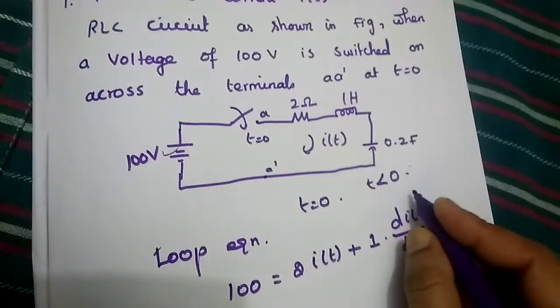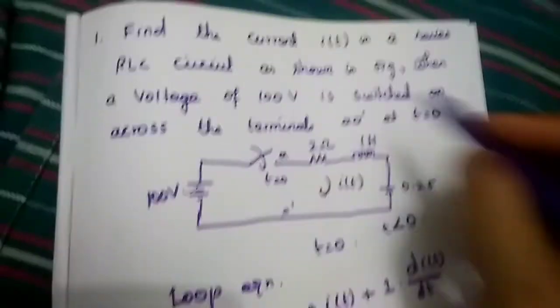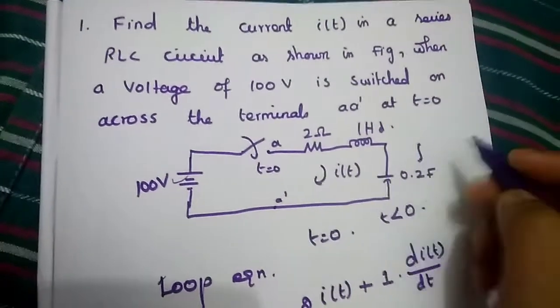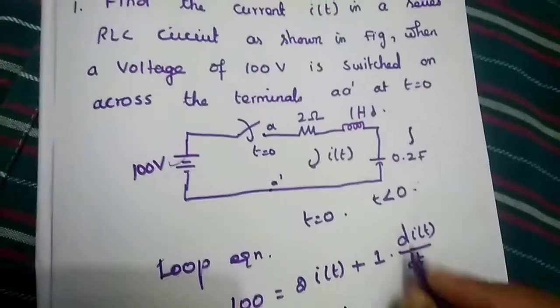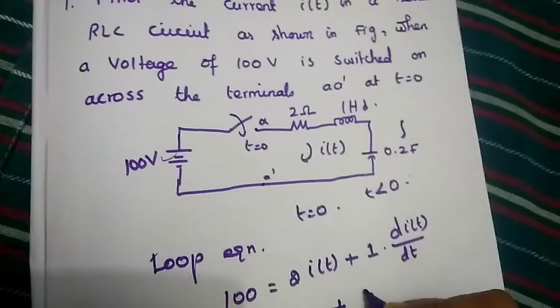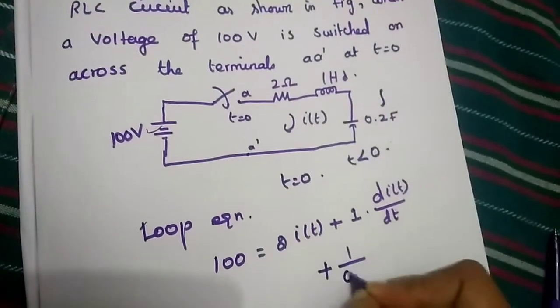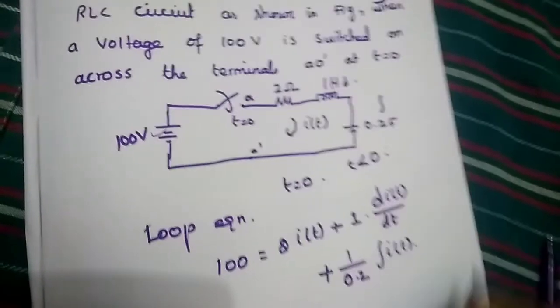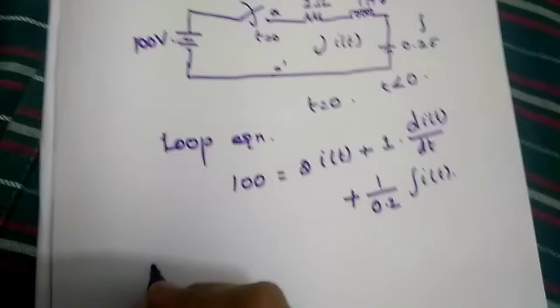For inductance we are using derivative, for capacitance we are using integral. So plus the capacitance value, which can be written as 1 divided by 0.2 integration of i(t).